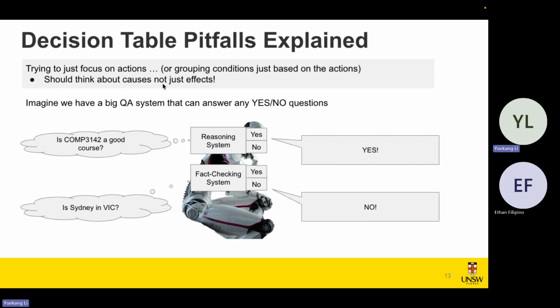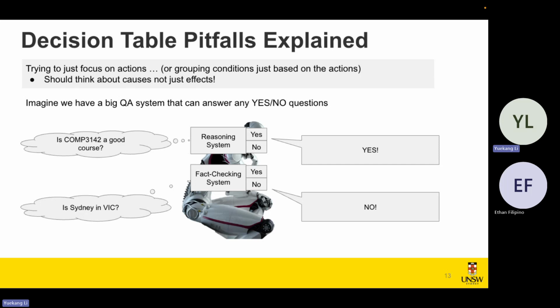However, if we just use the decision table to model this system, you can imagine that there are only two actions. No matter how diverse the questions could be, there are only two outputs, two actions from the system.